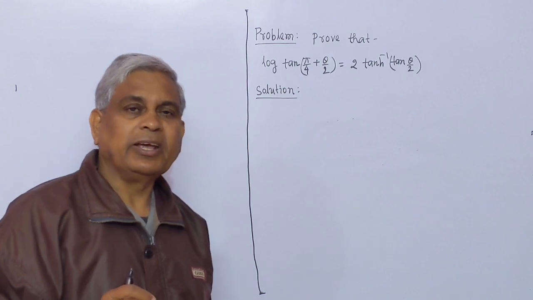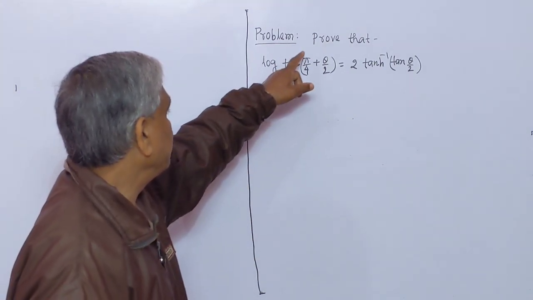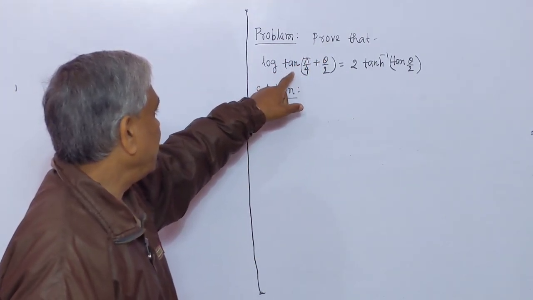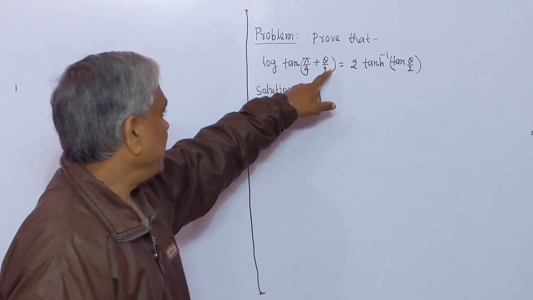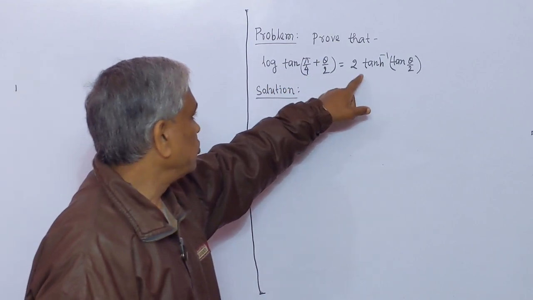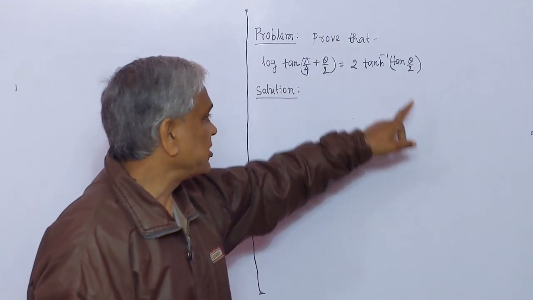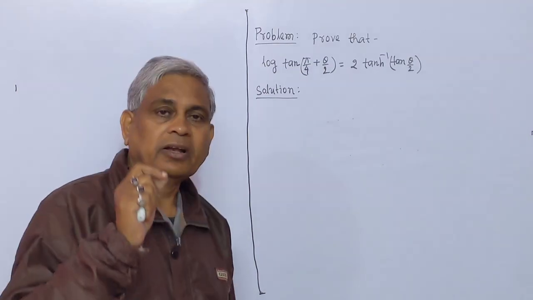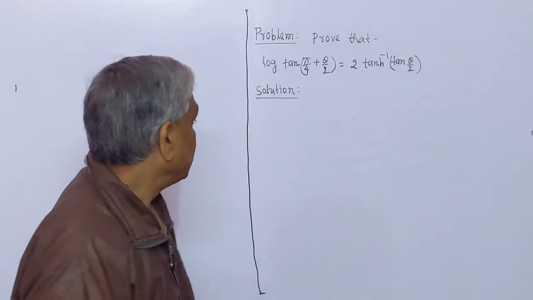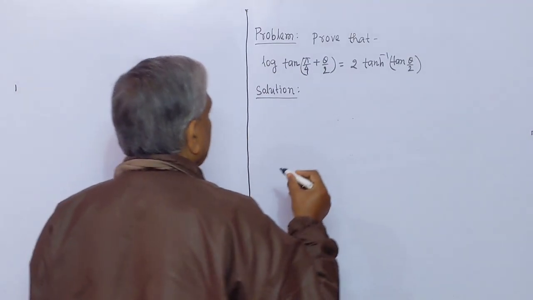Now we solve the next problem. Next problem is prove that log of tan of pi by 4 plus theta by 2 equals 2 tanh inverse of tan theta by 2. Now we solve this. Solution.